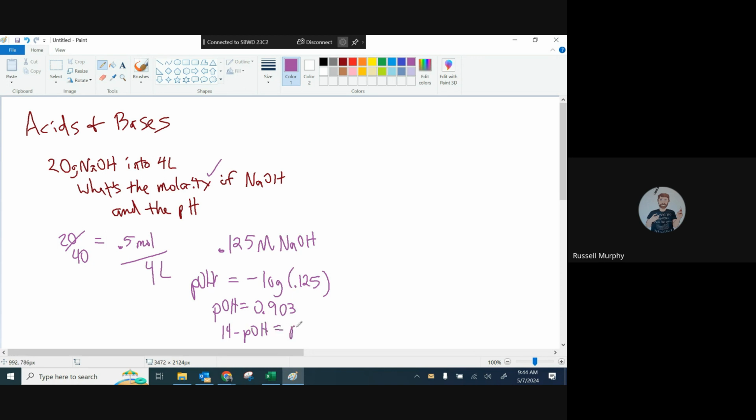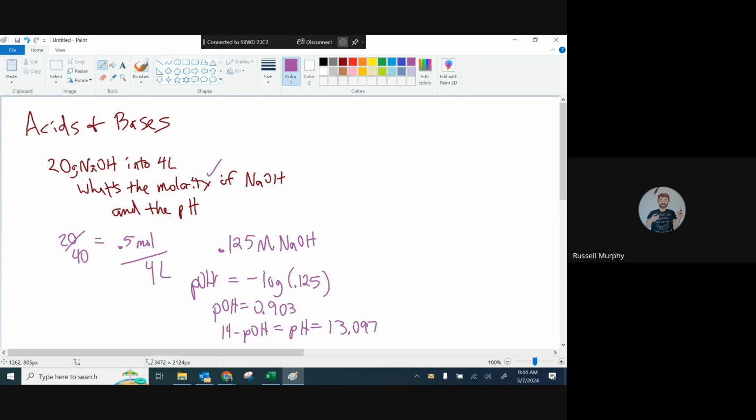So our pH is equal to 13.097. I should have done that in the calculator. Wow, why do I need to when I'm perfect? So, cool. Does it sound like a research chemistry level pH, pOH question?